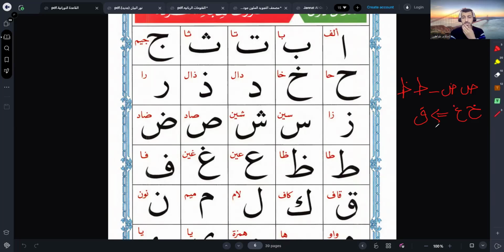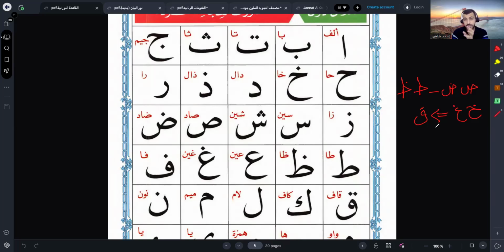The next heavy one, which is Dod. So Dod, if you would focus a little more, is close to Dal, right? Although they don't have the same point of articulation, the sound is really close. So one of the ways also is to focus that the Dod is heavier than the Dal. This is not the only difference, to be honest. We're gonna inshallah come to the difference later.